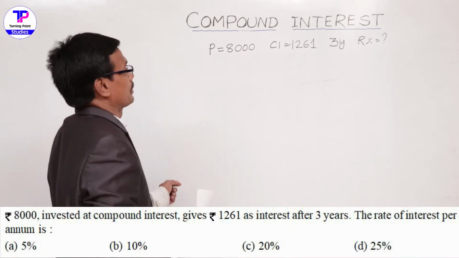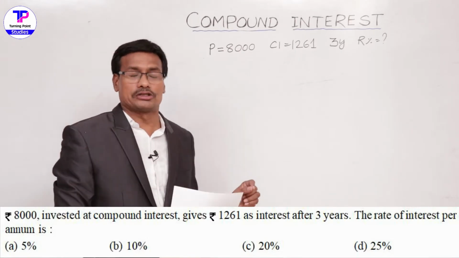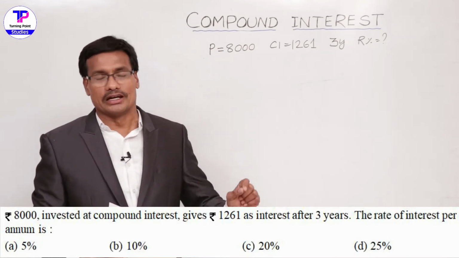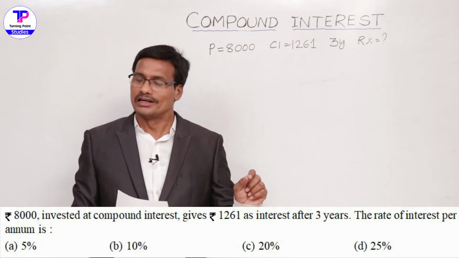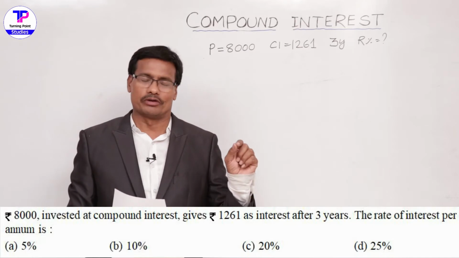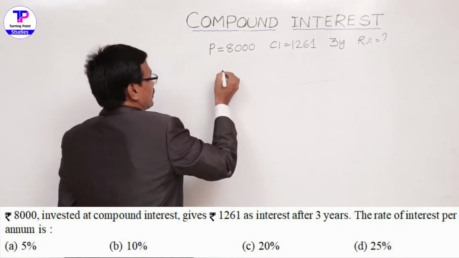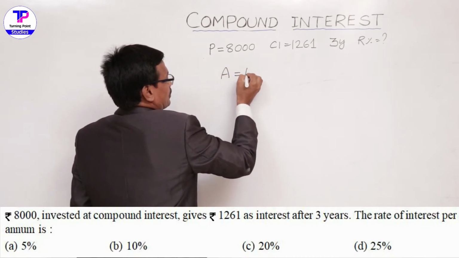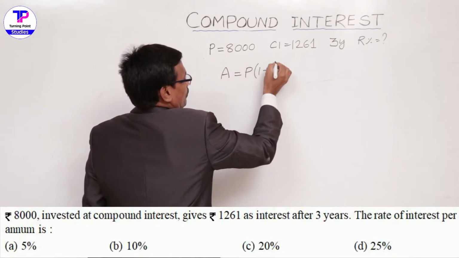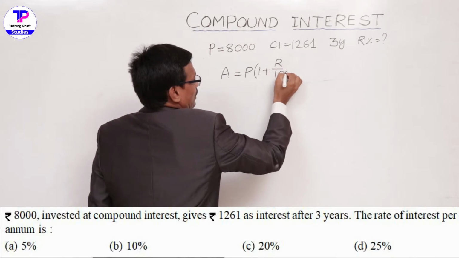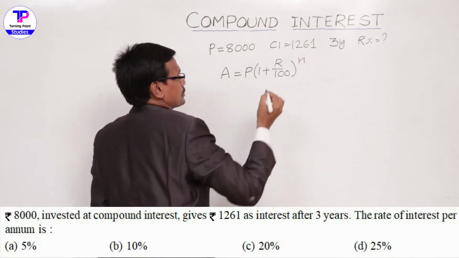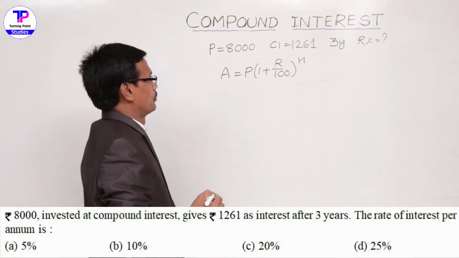So remember, in compound interest we have a formula. First go for the formula method, that is the traditional method, then go for our TP, turning point method, an excellent method. So what is the formula to find amount in compound interest? A is equal to P into (1 plus R by 100) whole power N. So this is the formula to find amount.